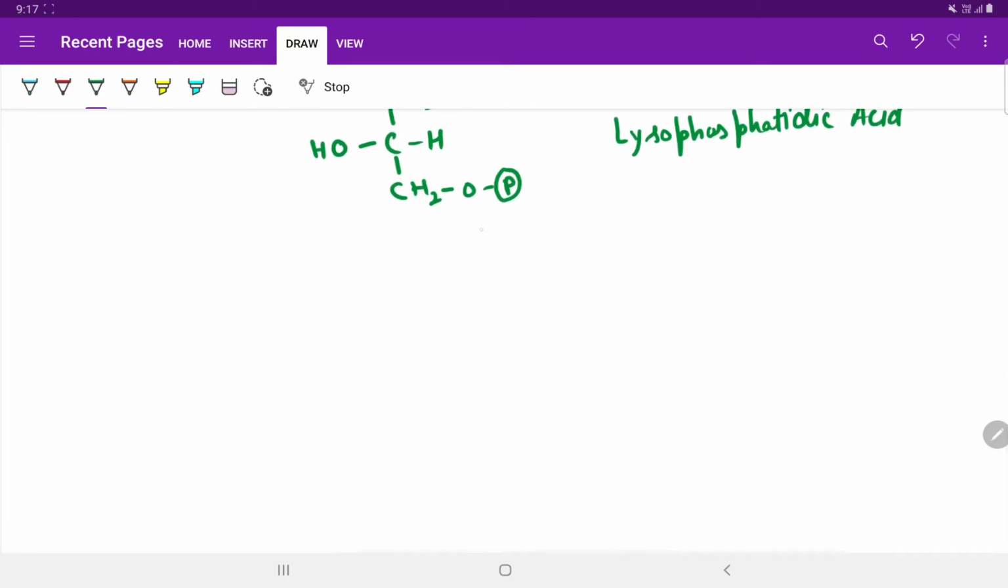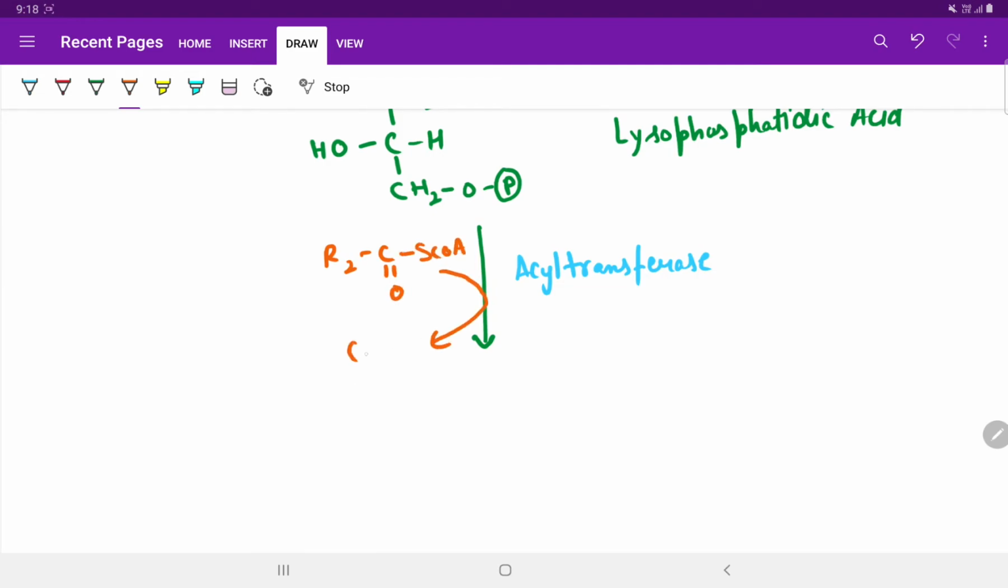From this lysophosphatidic acid, a molecule of phosphatidic acid is synthesized by addition of one acyl coenzyme A in the presence of the enzyme acyl transferase. So here the addition of one molecule of acyl coenzyme A is also present. You can see here.